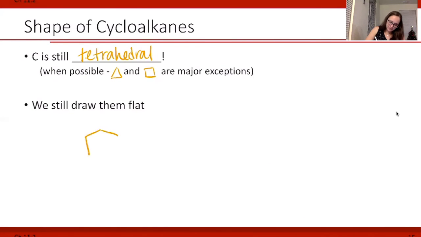Just as an example, cyclohexane actually looks more like this, where you have all of your carbon atoms. For example, here, all of those angles, the carbons automatically relax into the shape so that they can have a 109-degree angle between all of them.